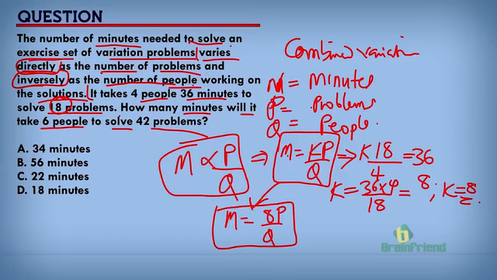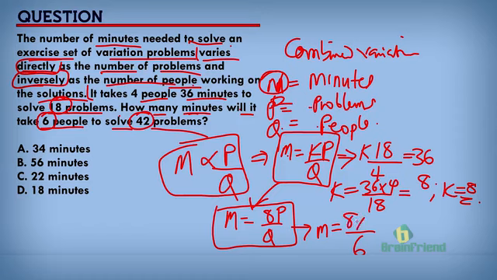So what is our unknown? How many minutes will it take? Our minute is M. So what will M be? Will it take 6 people? Q is 6. People is represented by Q. To solve 42 problems. So problems is P, 42.